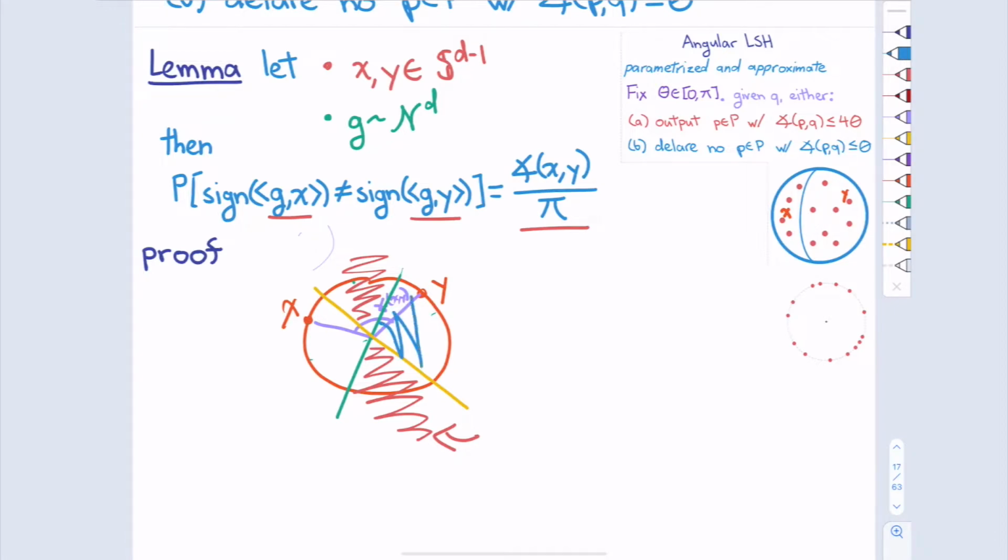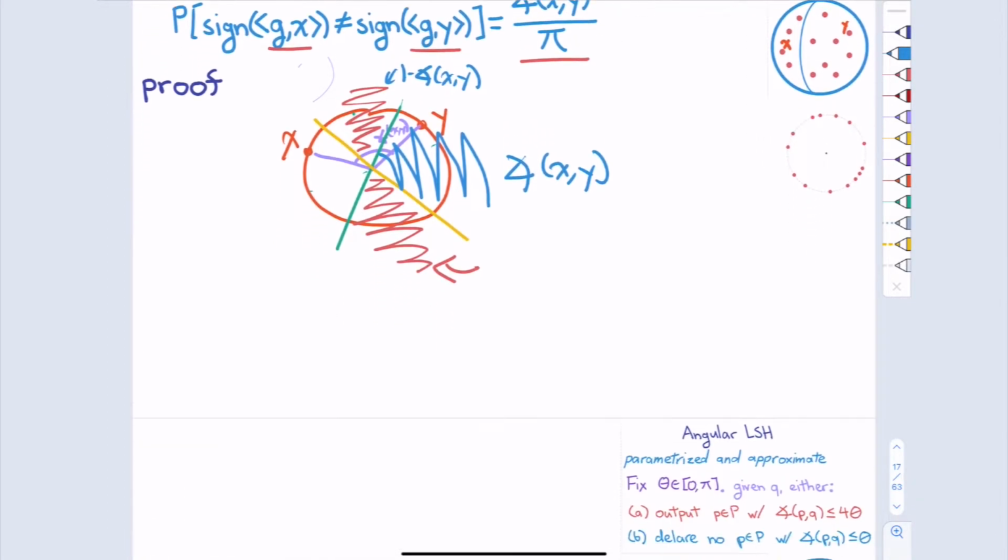This region where they get things wrong, on the other side of the green and yellow, is the same as the angle xy if you work out the arithmetic. And up here would be 1 minus angle xy. I realize this looks kind of crazy, but that's okay. So that's the proof by picture. Any questions? Fine.